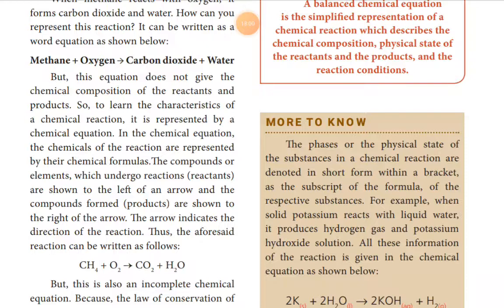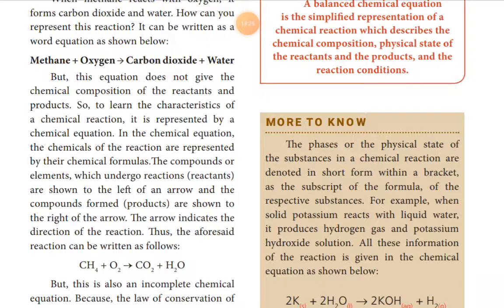So you should know the formulas of these reactants and products. Then only you can write the equation. To write a chemical equation, we should know the names of the reactants and products. First you have to write the word equation, then convert it into a chemical equation using the symbolic representation, using the formulas.